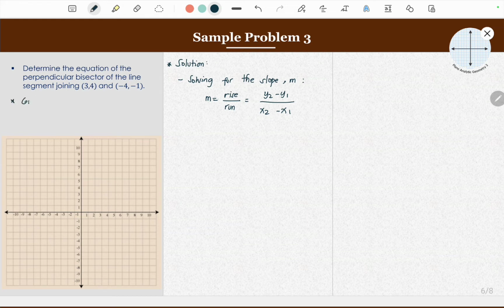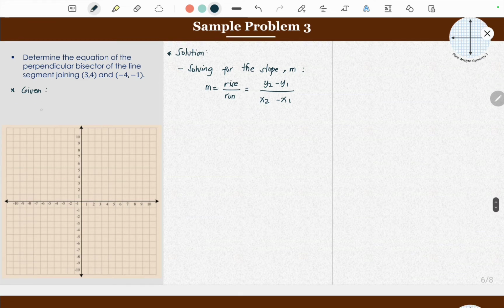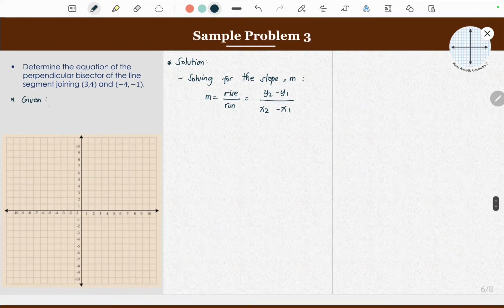So what are the values of our x and y's? For x sub 1, y sub 1, this is 3, 4. And for x sub 2, y sub 2, this is -4, -1. So substitute these values here.